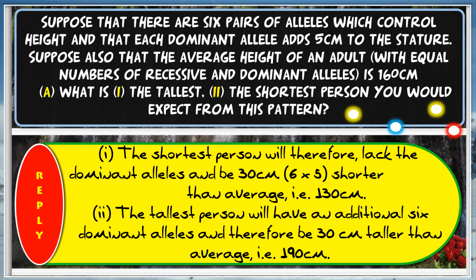Part 2. The tallest person will have an addition of 6 dominant alleles and therefore be 30 centimeters taller than the average, that is 190 centimeters.